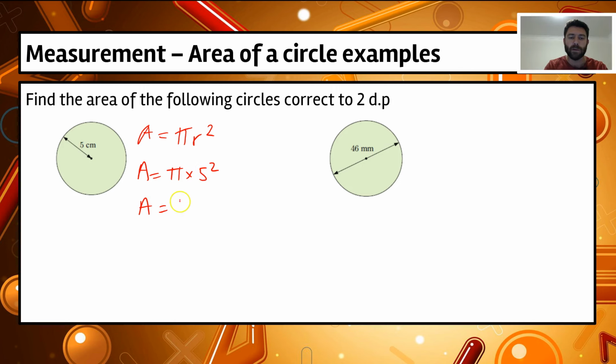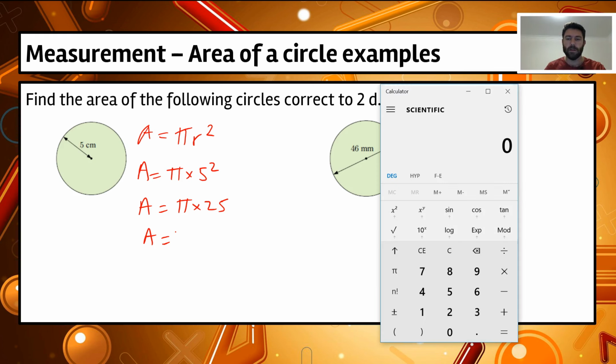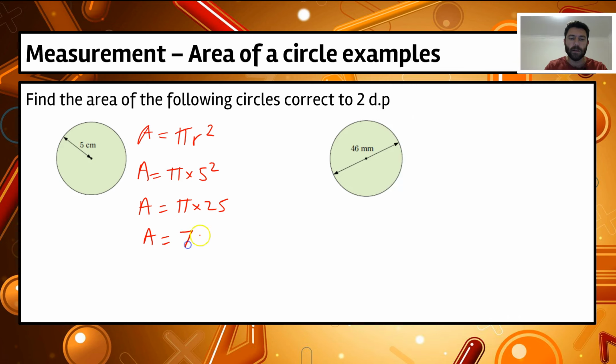Now we know 5 squared is 25, so pi times 25, and the area equals, with our calculator, pi times 25 equals 78.539, so that will be 78.54 centimeters, and now we've got squared units because it's area.